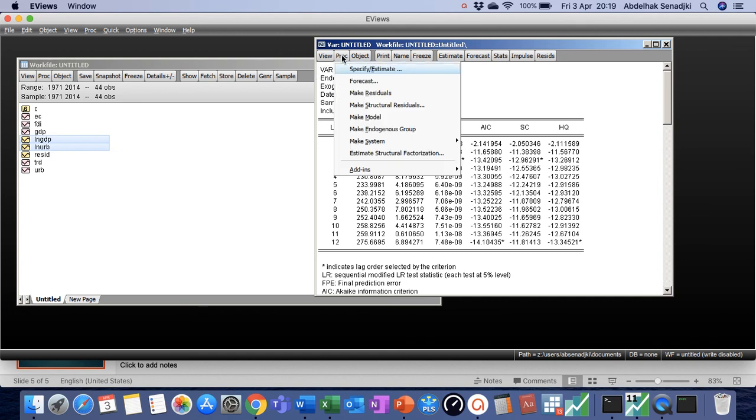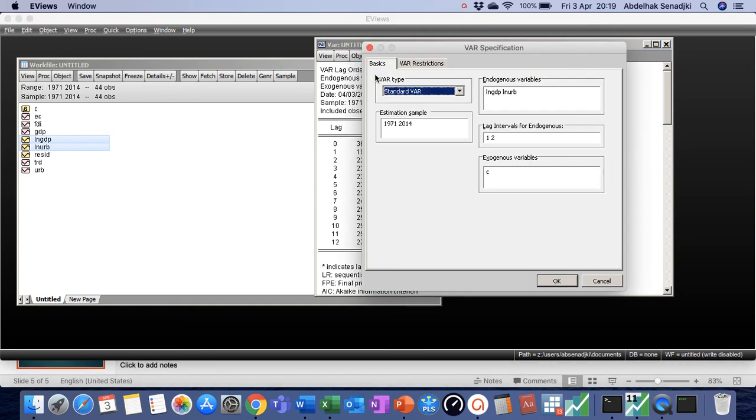I come to proc, specify estimate again. So here, how much now is the lag? We found that the maximum order m is 2. Well, this is 2, right? And the optimum lag we decided to be 2. So 2 plus 2 is 4. Therefore here I write C, then ln GDP. It must be in level, between brackets minus 4.